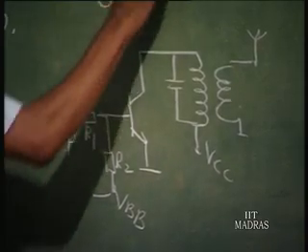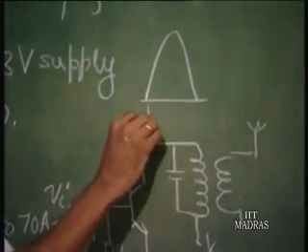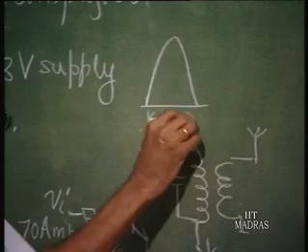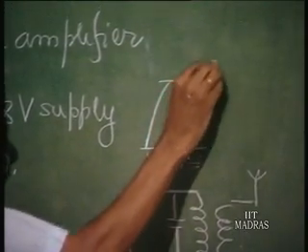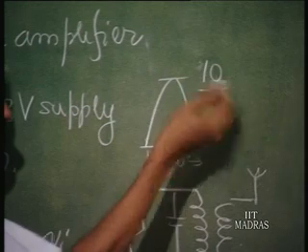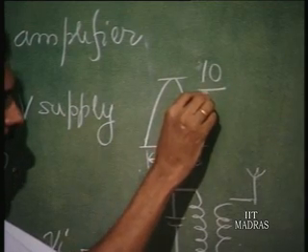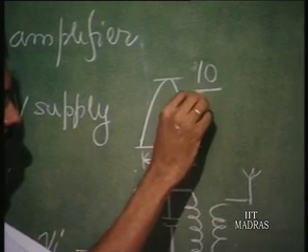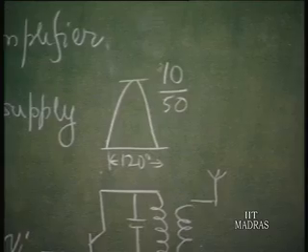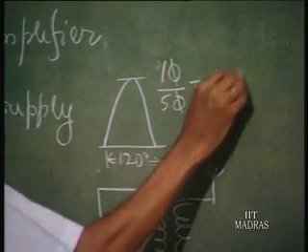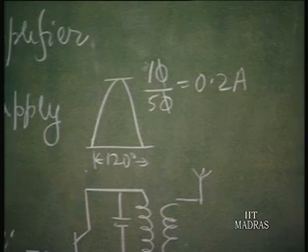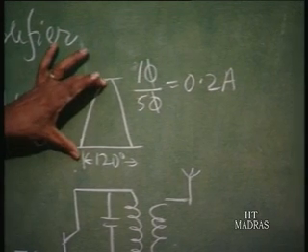So, the base current is going to be like this, conducting for 120 degrees with 10 amperes divided by the beta. Let us say it is typically maybe 50 or so. So, about 0.2 amperes. That shall be the current waveform.